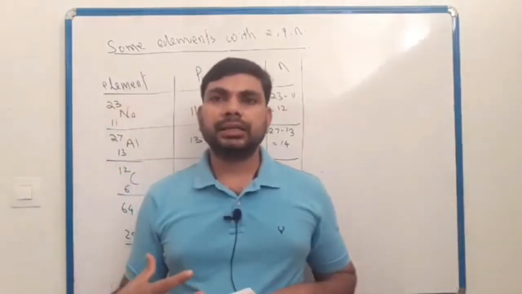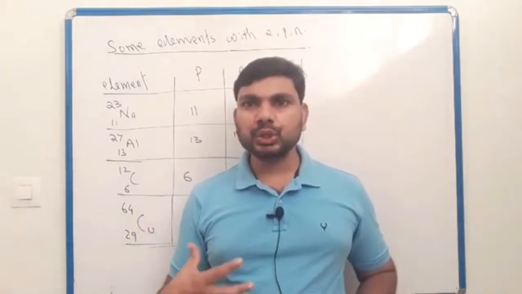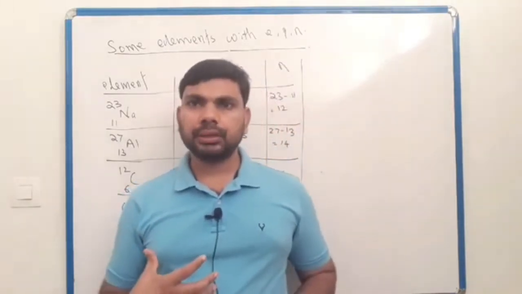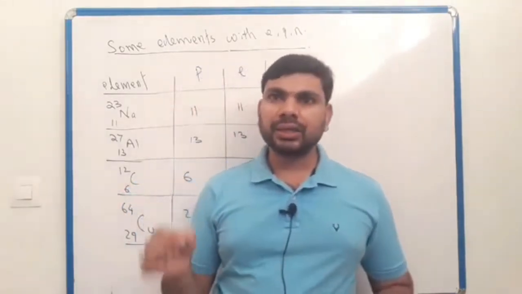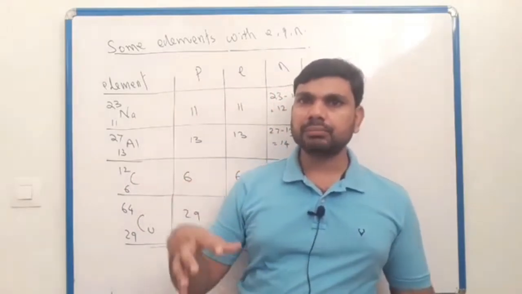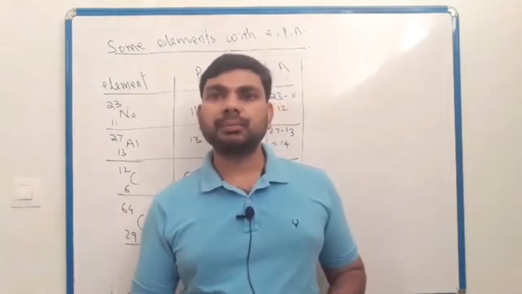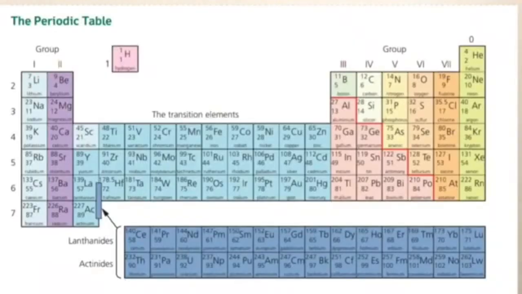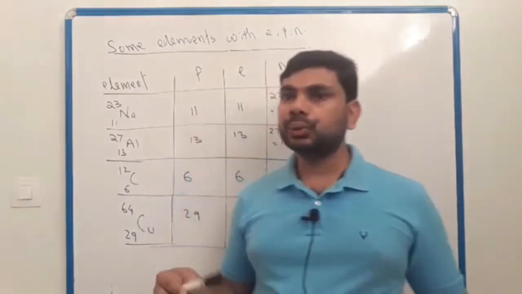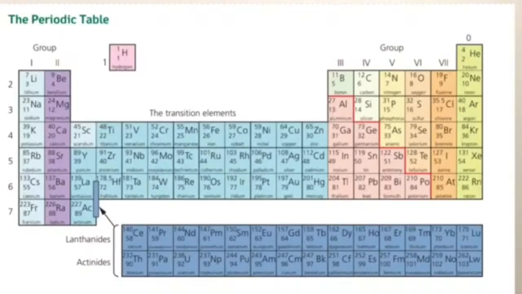We have to understand how to find the number of electrons, protons and neutrons from the periodic table. You are asked to find the number of electrons, protons and neutrons from the periodic table. You want to find the number of electrons and protons of sodium using the periodic table. So how can you find it? Use your periodic table. You can find the symbol of the element, sodium, Na.